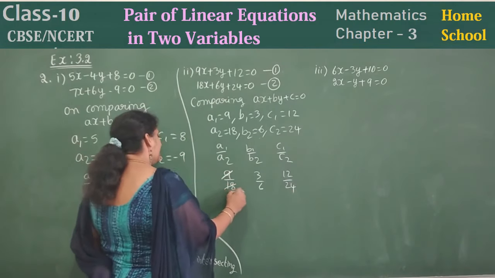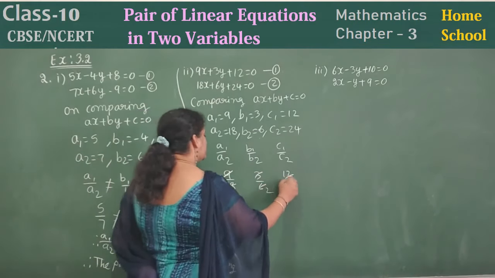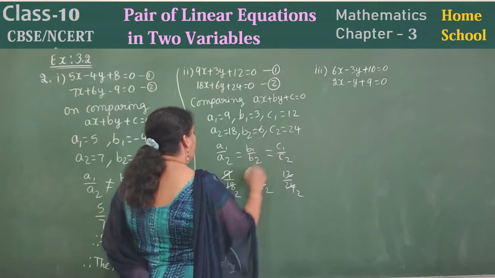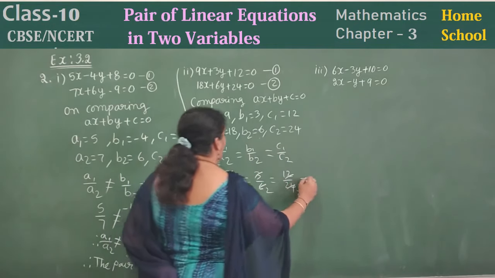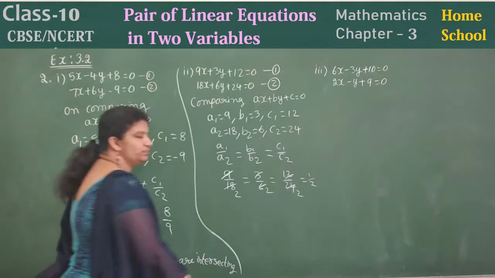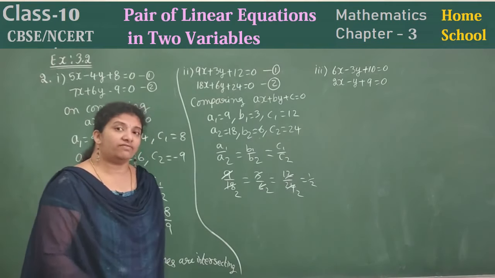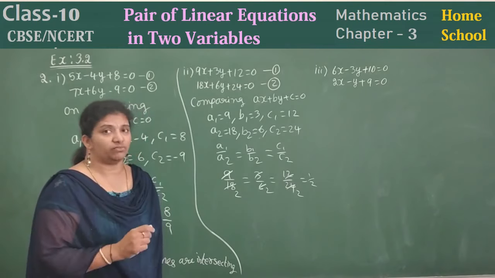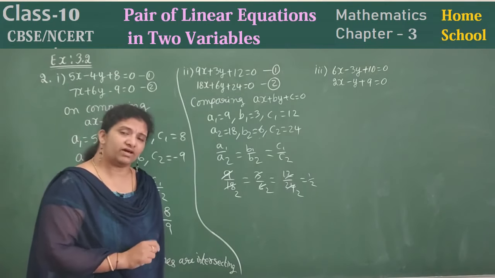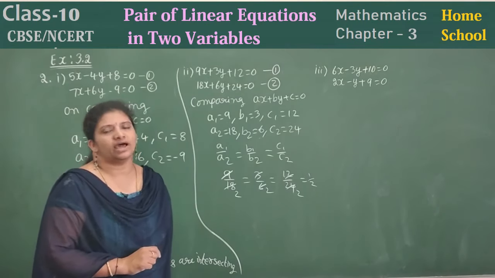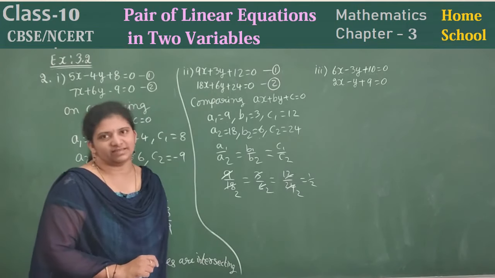Now write again a1 by a2, b1 by b2, c1 by c2. Don't write equal to, children, until you simplify your numbers into simplest form, then you can compare. 9 by 18, b1 by b2 3 by 6, c1 by c2 12 by 24. Now cancel: 9 2s are, 3 2s are, 12 2s are, means all the ratios are equal. They are all equal to 1 by 2. If all are equal, what happens here? If a1 by a2 is equal to b1 by b2 is equal to c1 by c2, then the two lines are coincident.